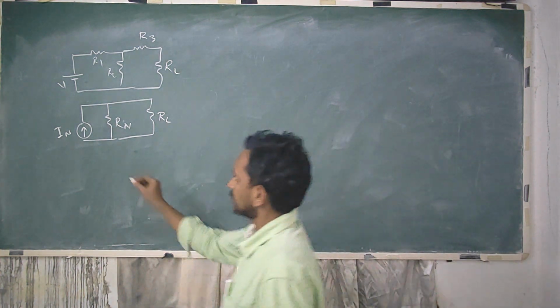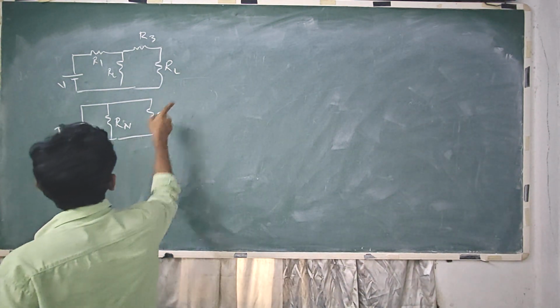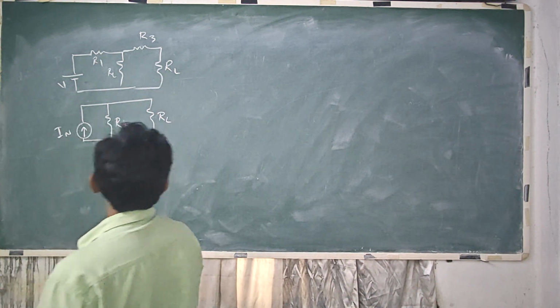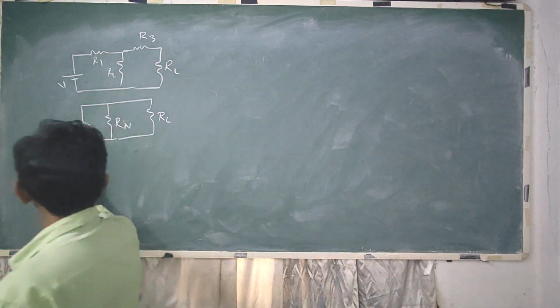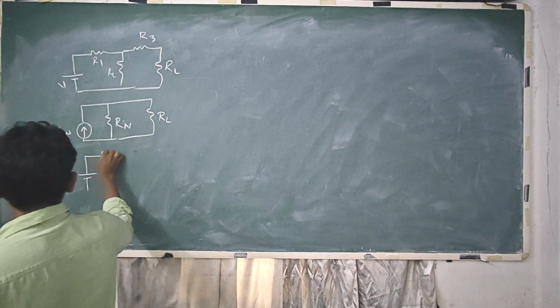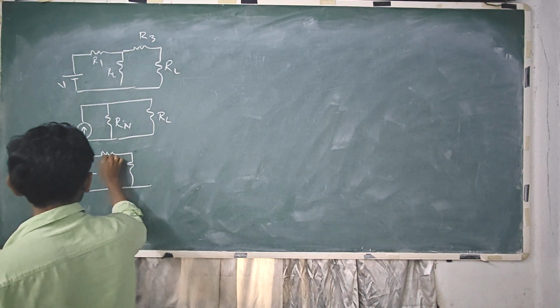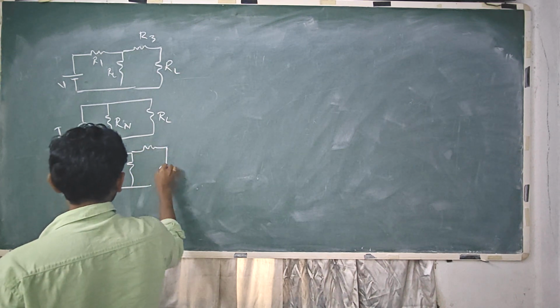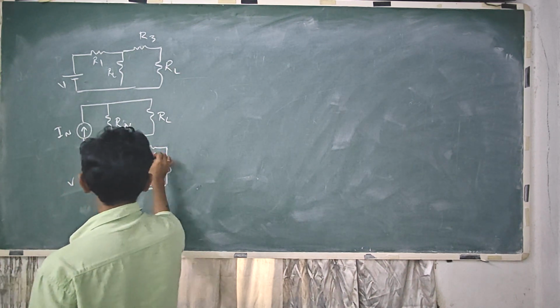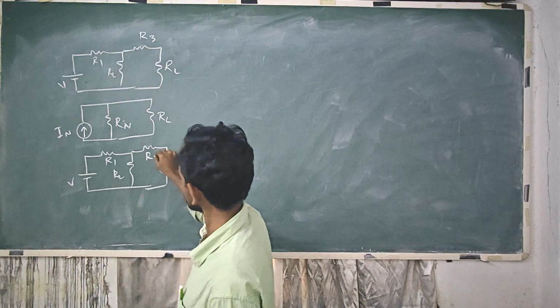So here IN is the current measured by removing load resistance. So I have to measure the current here by removing the load resistance. This is R1, R2. I have to place an ammeter here instead of a voltmeter.